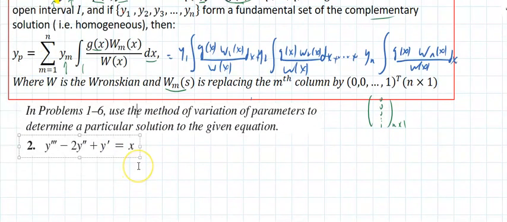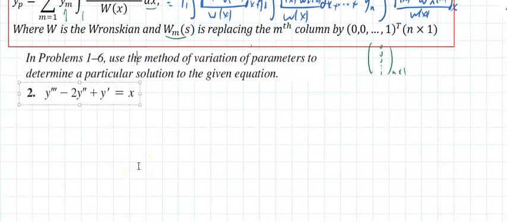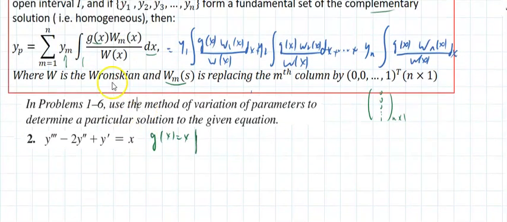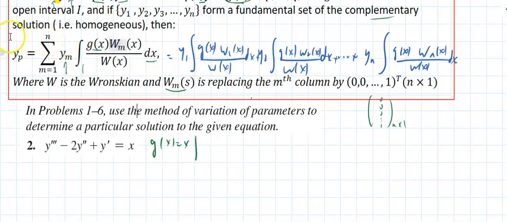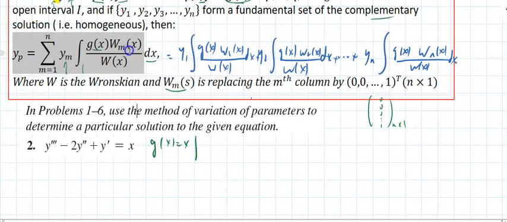Here's a problem. So g of x is actually x. We got that. Now we want to find the solutions, the y's, so we could use that formula properly. Let me copy this formula down.